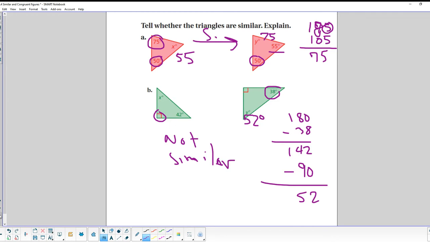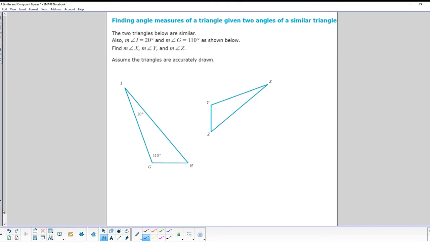Okay, all right, so let's keep on moving. Finding angle measures of triangles given two angles of a similar triangle. So you're kind of doing the same kind of deal here. So you know that the measure of angle I is 20. You know that the measure of angle G is 110.